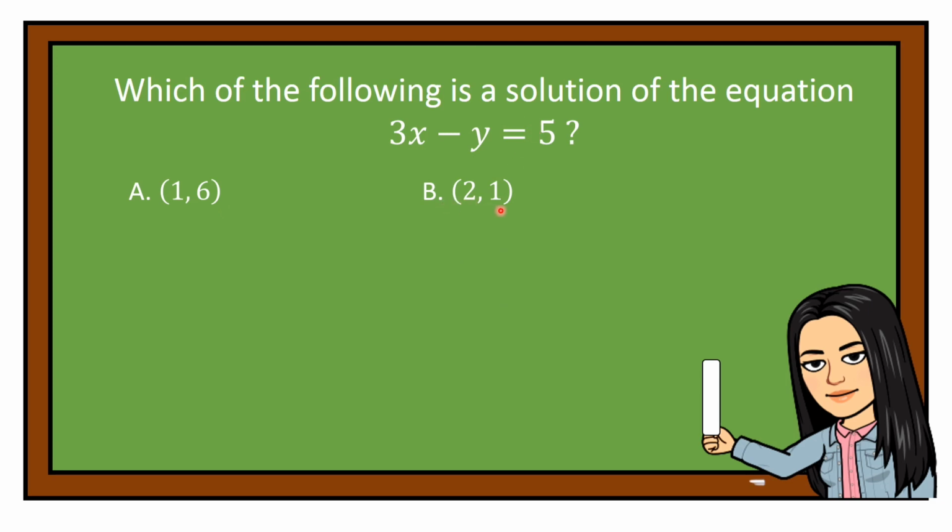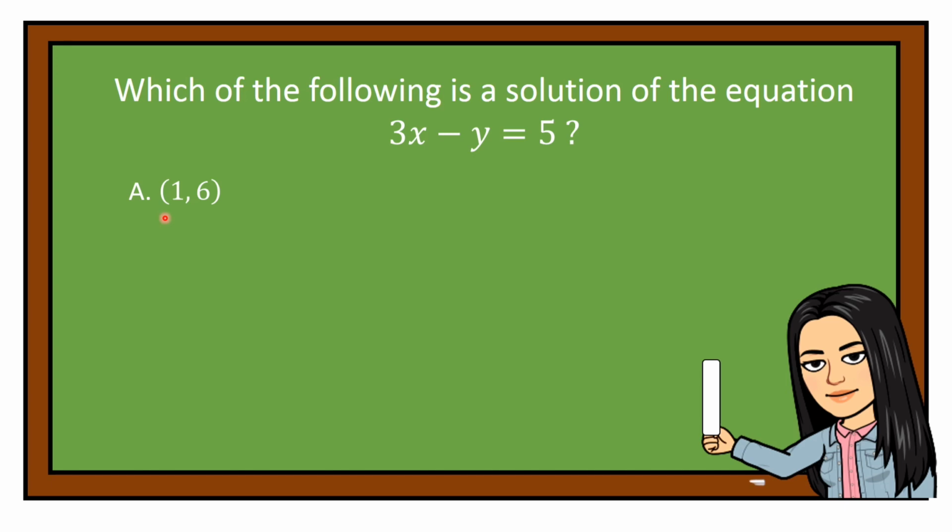In order to find the solution of the equation, we have to substitute each value into the given equation. So let us try first the ordered pair (1, 6). Will it satisfy the equation 3x minus y is equal to 5?